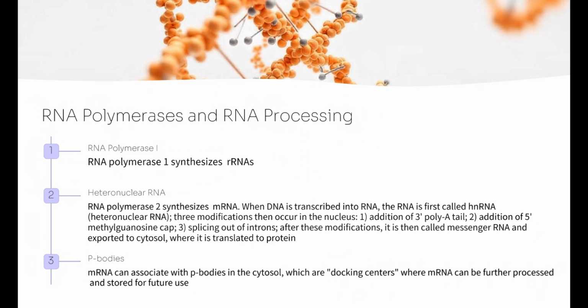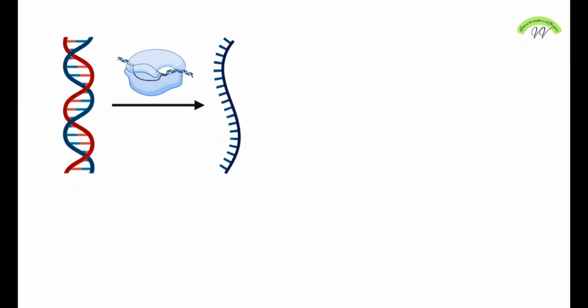As I had already told you, RNA polymerase 1 synthesizes the ribosomal RNAs. RNA polymerase 2 will synthesize the mRNA. Let's see how it does. Say this is the DNA and RNA polymerase 2 acts here and this RNA is formed. But to be called an mRNA, it has to undergo certain modifications.